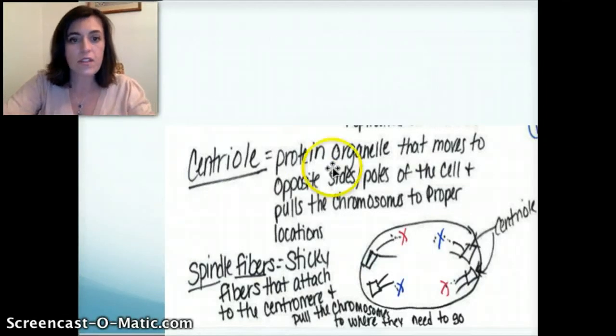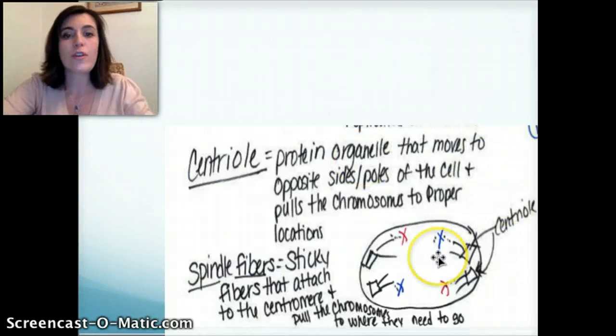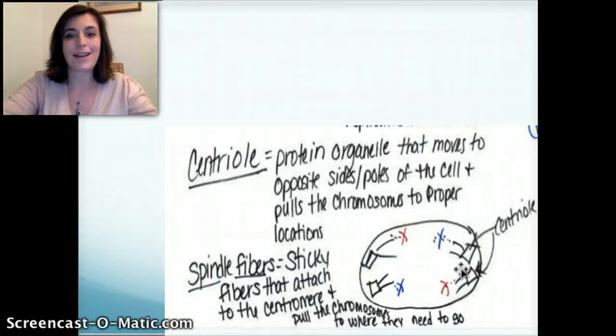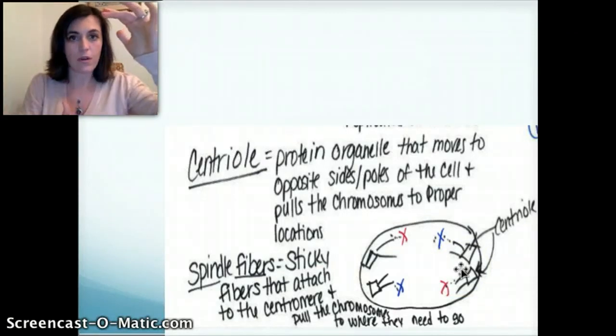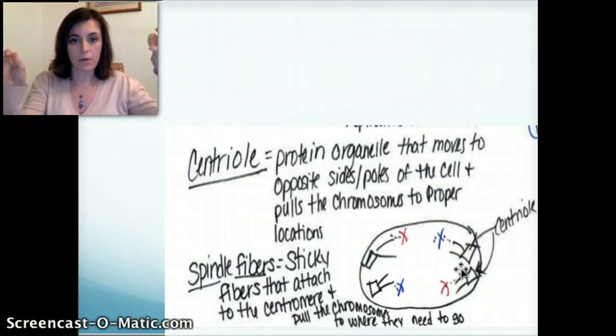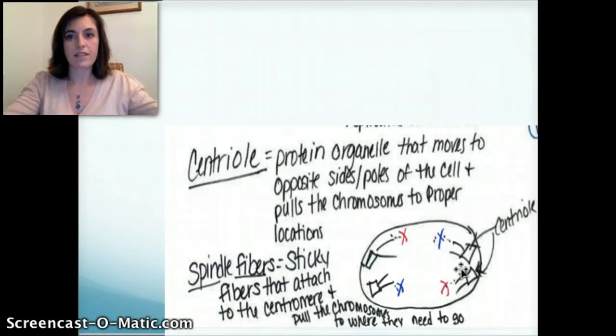These little protein organelles are going to locate themselves at the edges of the cell, on opposite sides, or opposite poles. Think of the north and south pole on the earth. These are the points where they're going to pull the cell apart. Those chromosomes are going to be pulled to them.